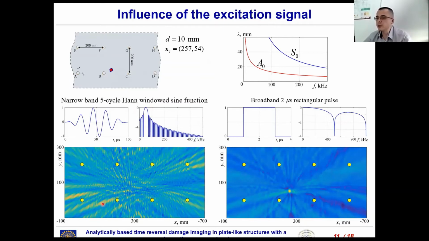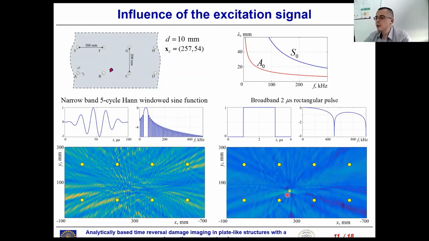But if we take a look from above at this imaging function delta, which was introduced earlier, we have a lot of additional local maxima, so that our global maximum is not very easy to find here. But if we use broadband 2 microsecond excitation, here are the excitation signals, and here are their spectrums.